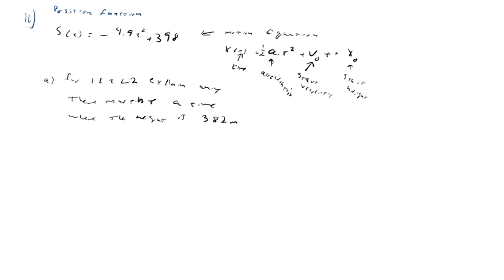Explain why there must be a time somewhere between 1 second and 2 seconds. That's what this means, between 1 to 2, where the height is 382 meters.